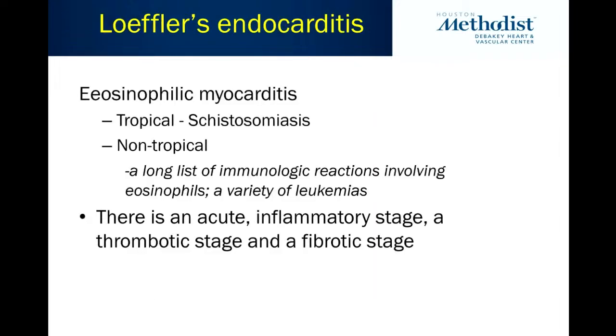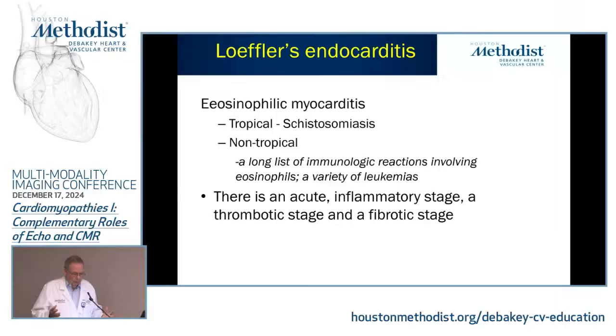There are two varieties. The infectious variety, they call it tropical because it's a parasite, most of the time schistosoma. And the other group is a large group that has all kinds of possible diseases involved with it. It appears to be an immunologic/allergic reaction. That's where the eosinophils come in.